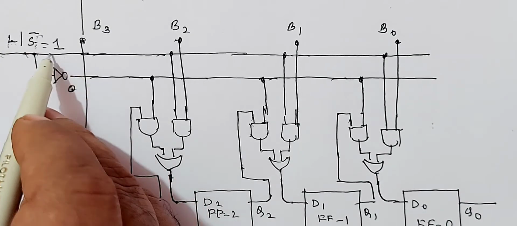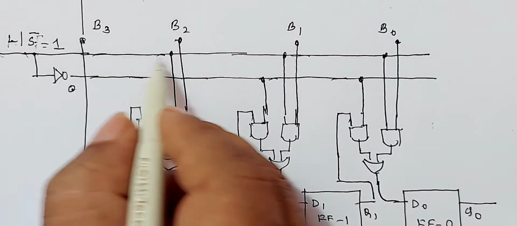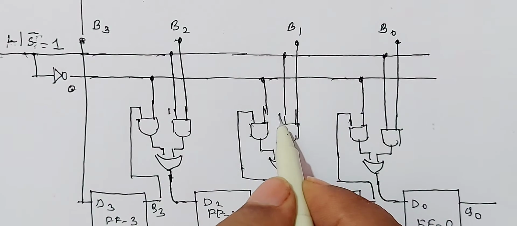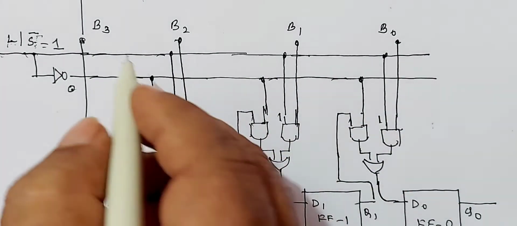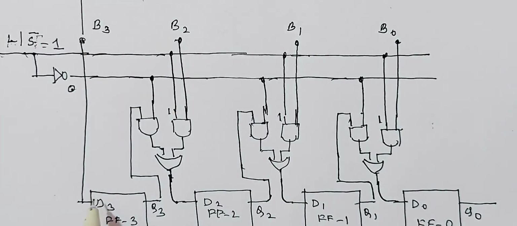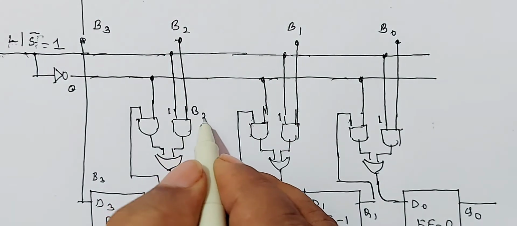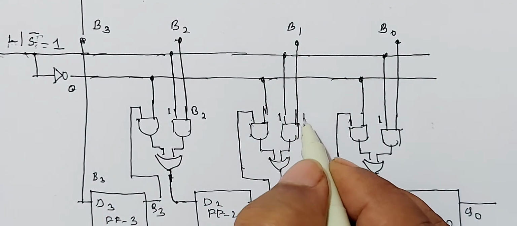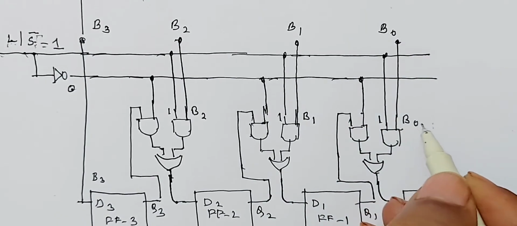So see, this is 1 and this line is 1. This line is 1. Here B3 is applied to this. Therefore, D3 is equal to B3. Here B2 is applied. This is B2. Here B1 is applied. This is B1. Here B0 is applied. This is B0.